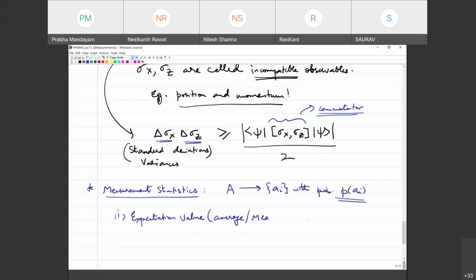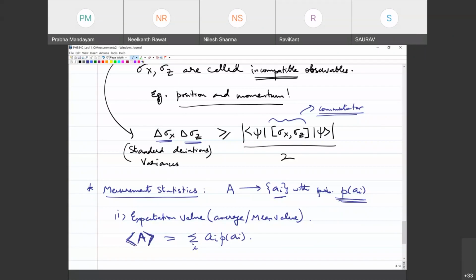These are my set of outcomes and these are the probabilities. So how will I write the expectation value down? Sum over i of a_i P(a_i). I'm going to denote this expectation by these two angle brackets, with the observable in the middle.